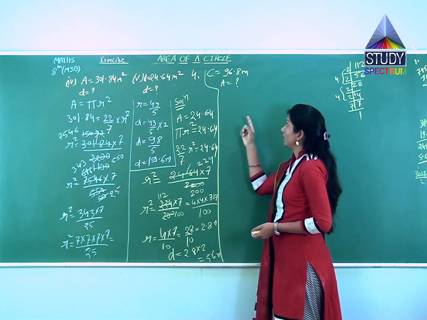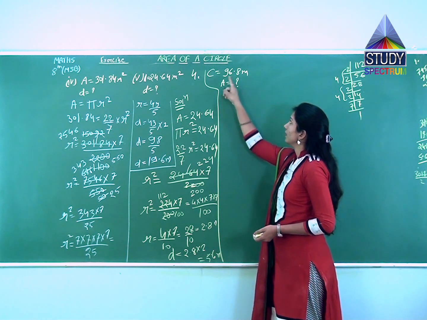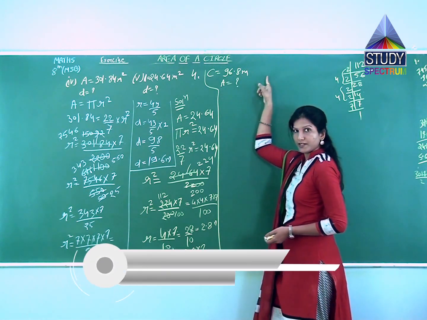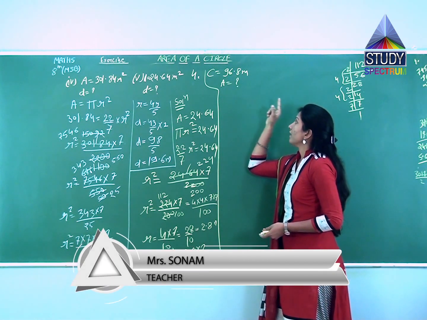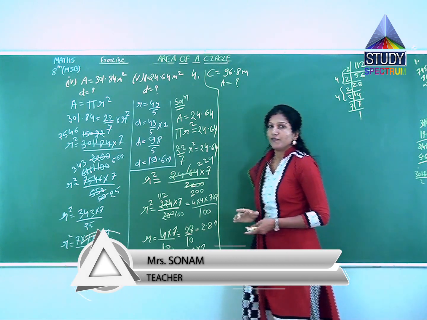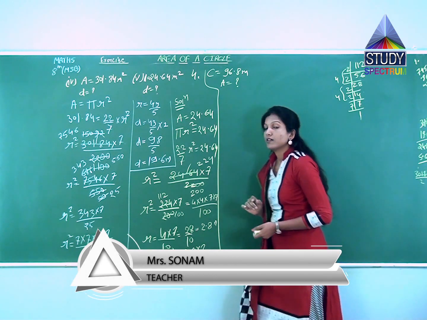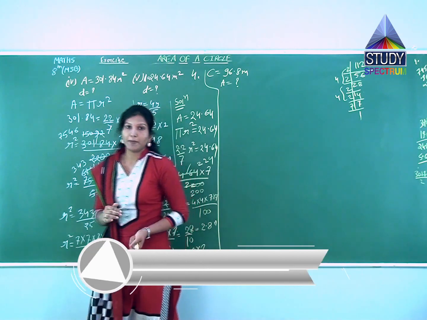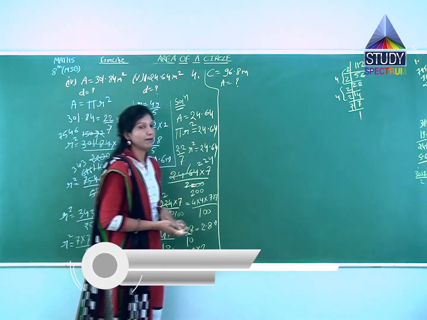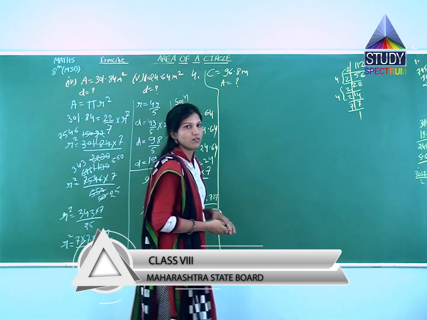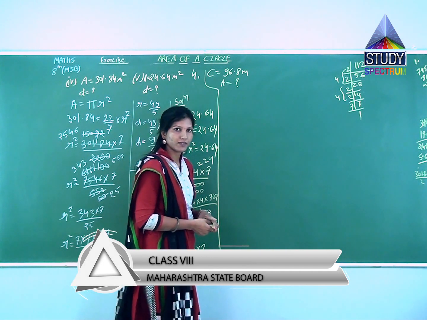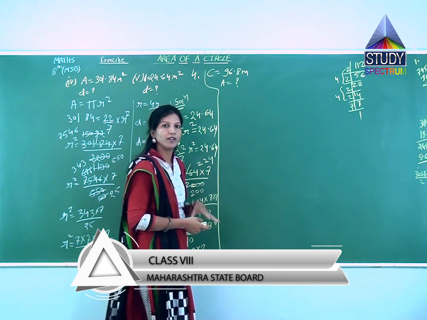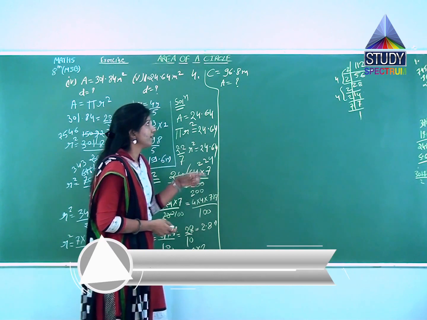The circumference of a circle is given, equal to 96.8 meters, and the value of the area is to be found. This question is like example number 4. In example number 4, the circumference was also given and we had to find the area. Now what will we do?